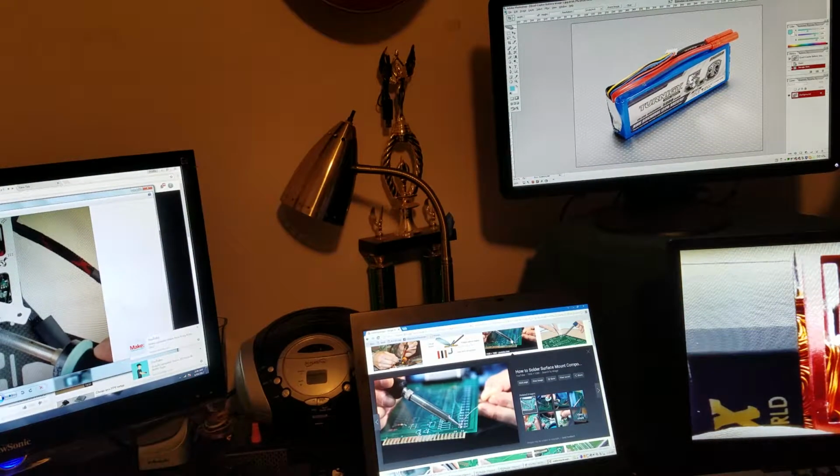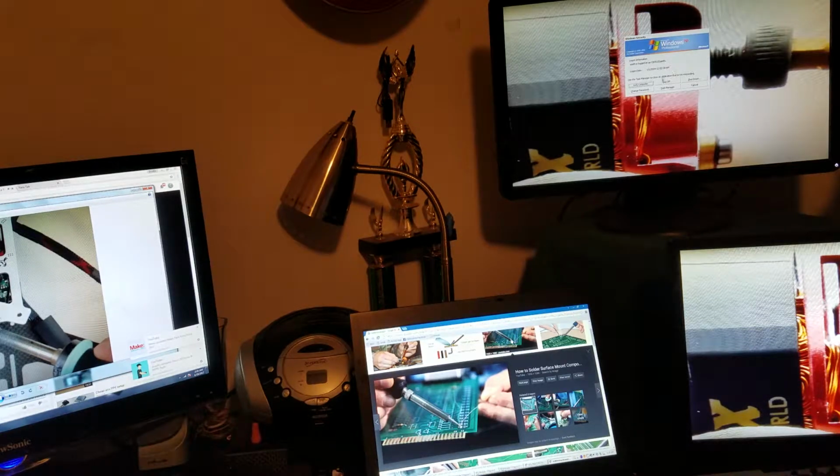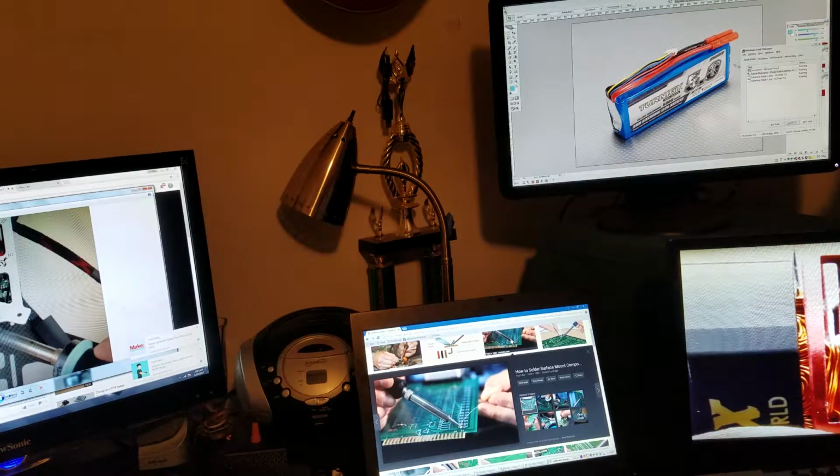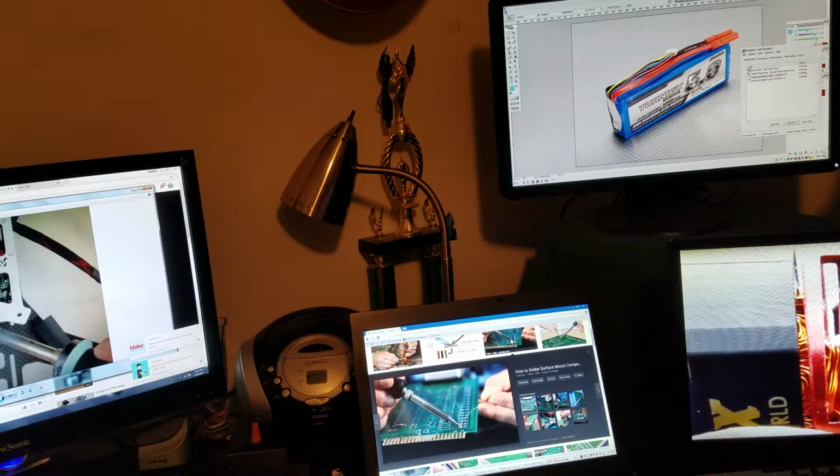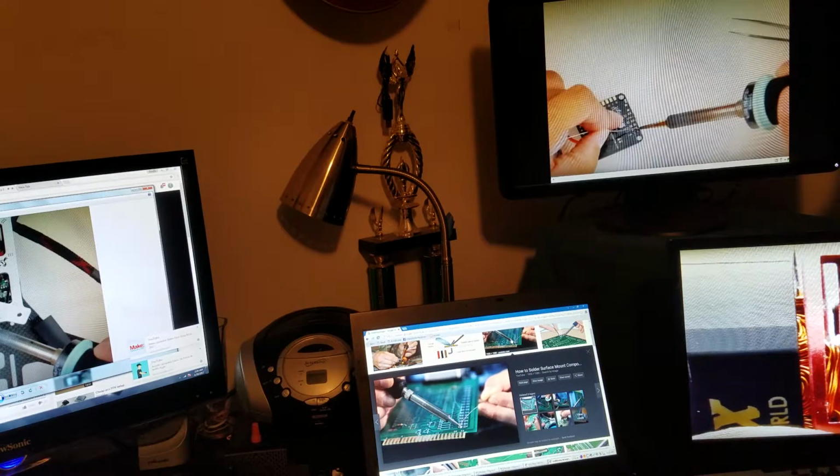Let me pull this one up also for some other soldering. Another soldering point over here. Okay, there's another soldering point over there.